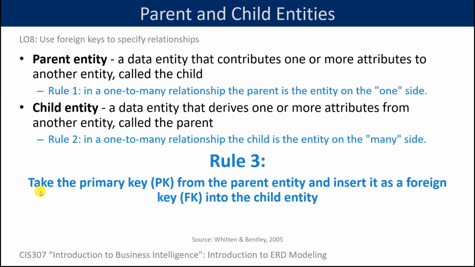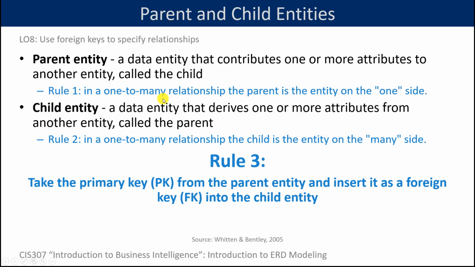Now, let's talk about some rules. We already mentioned that the way it works is that you take a primary key from the parent entity and insert it into the child entity as a foreign key. The question becomes, how do we know which entity in a relationship is a parent entity and which entity is a child entity? So this is the rule for you.